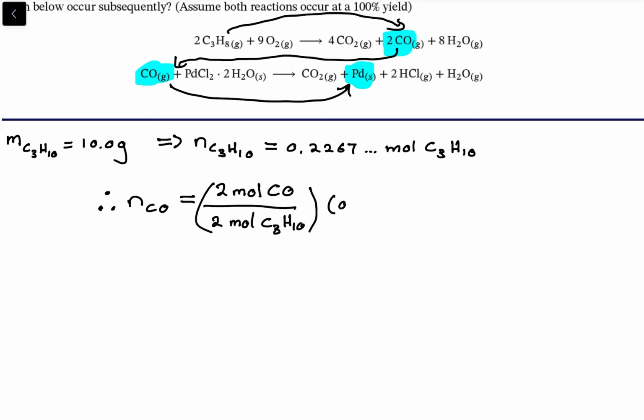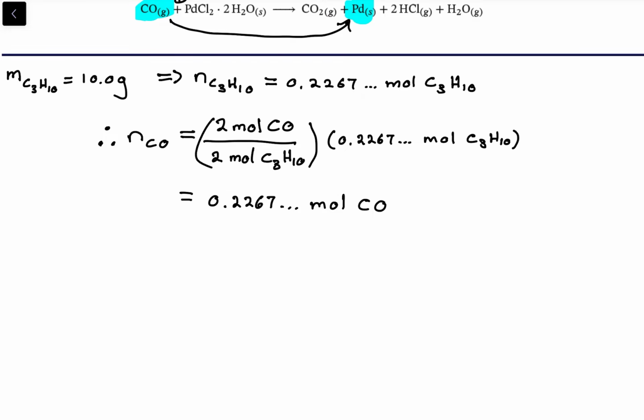We have 0.2267 mole propane reacting, and that gives us the exact same number, 0.2267 mole CO formed.